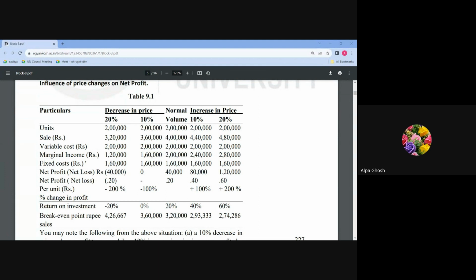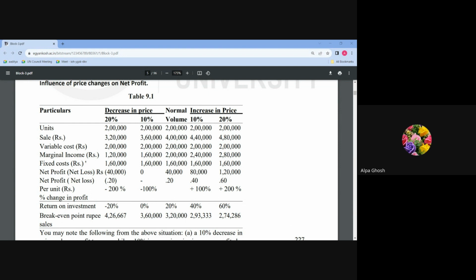Now next it is variable cost. If you remember yesterday's class, variable cost changes with the changes in the volume. But as there is no change in the volume here, the units are fixed. So whatever information is given in the question related to the variable cost, we are not going to make any change. 2 lakh units and 1 rupee per unit.